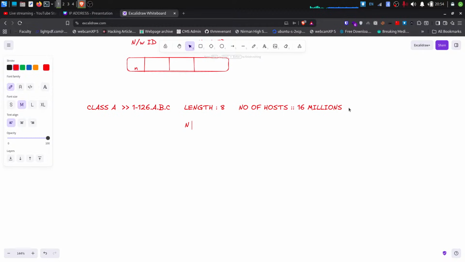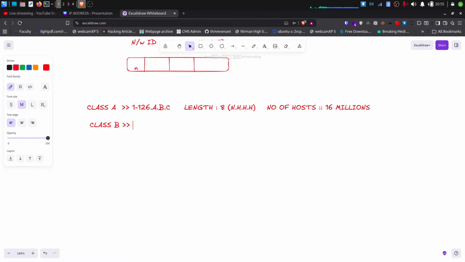N represents network and H represents host. Governments or big organizations. Okay. Then the second thing we have is class B. Class B ranges from which one?